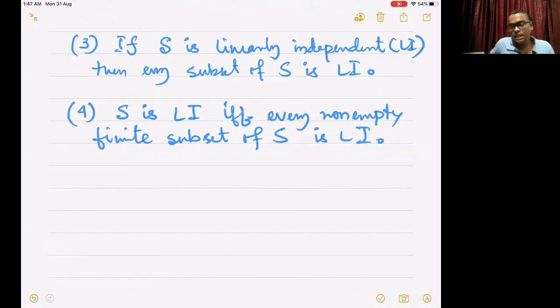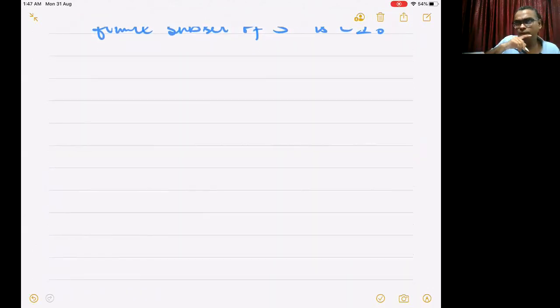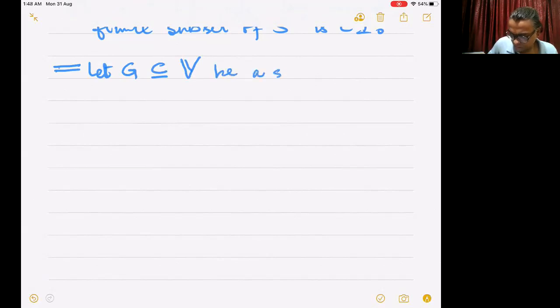But let us proceed to the next important idea, which actually depends on this definition of linear independence. First, let me define a particular term, once again about span. Suppose G is a subset of V, where V is once again a vector space over a field F. Let G be just an ordinary subset.